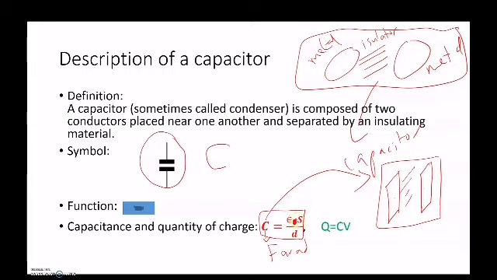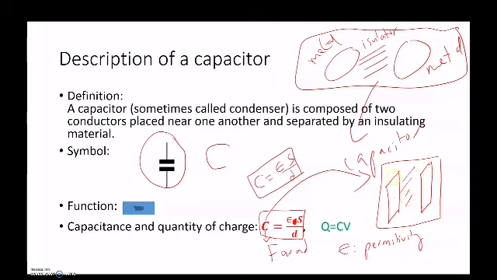So C equals epsilon S over D. By epsilon, I mean the permittivity of this dielectric material, which is a physical constant that depends on the insulating material. So epsilon is called the permittivity of the insulating material.